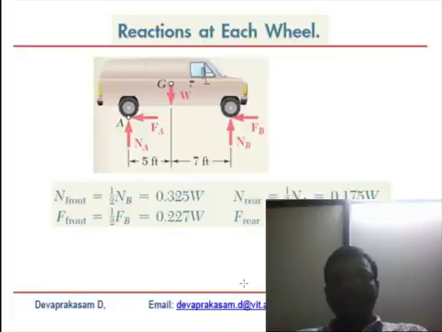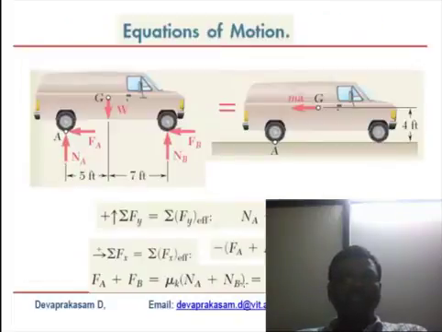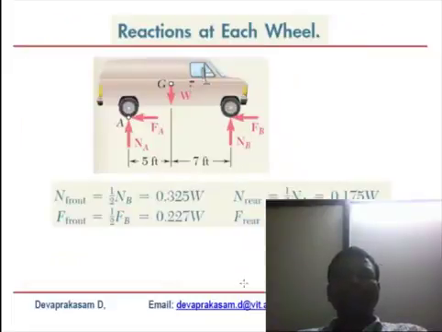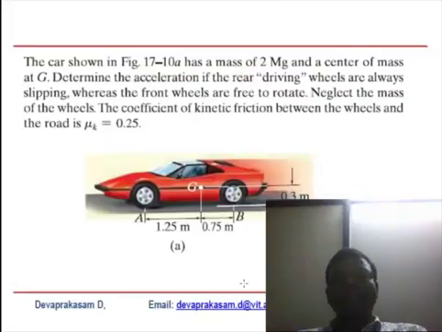Let me again emphasize that as soon as you have the problem, you have to draw a free body diagram and resolve these forces in the x and y direction and take the moment if there is an unknown component. From that we can converge very quickly to what is needed.